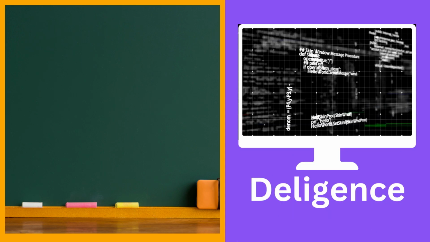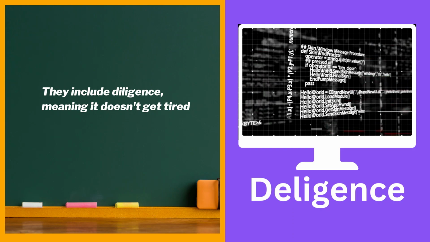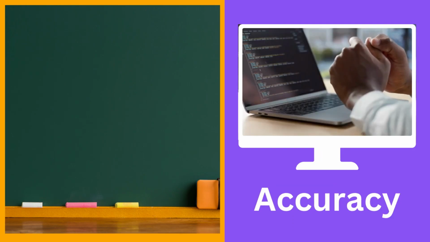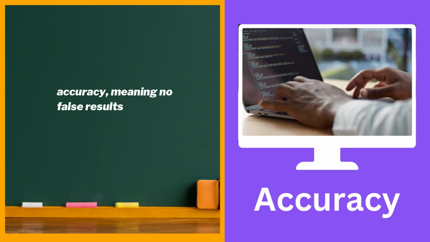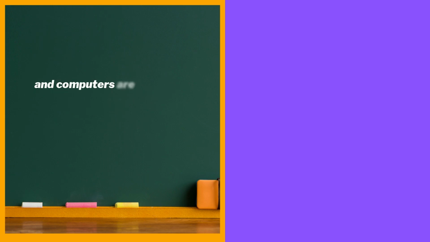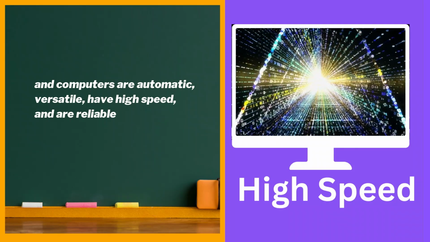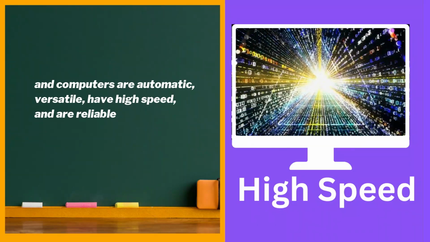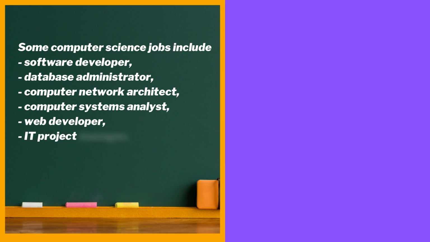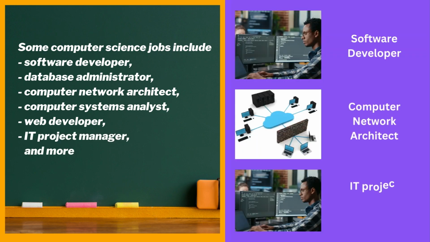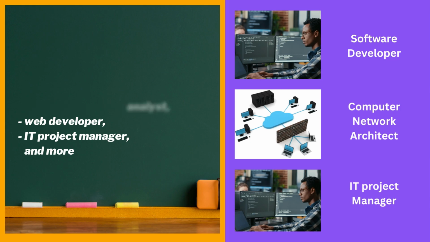They include diligence, meaning it doesn't get tired, accuracy, meaning no false results, and computers are automatic, versatile, have high speed, and are reliable. Some computer science jobs include software developer, database administrator, computer network architect, computer system analyst, web developer, IT project manager, and more.